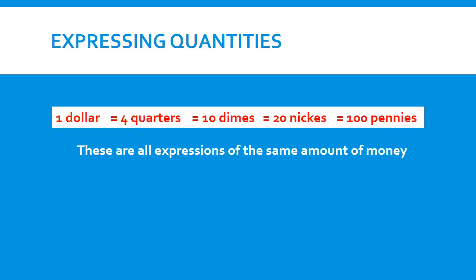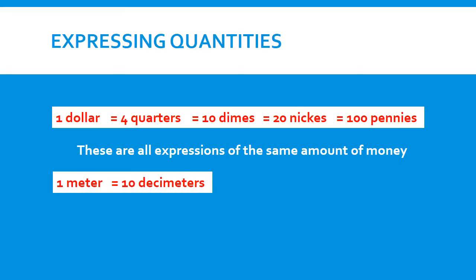If I want to know how many pennies make $1, I know that 100 pennies make $1. If I want to know how many pennies I have in $500, we can do that. If I want to know how many dimes we have in that same $500, we can do that, because we know how much of each one makes up $1 and what they're equivalent to.